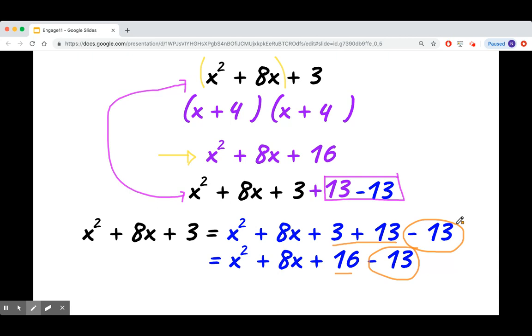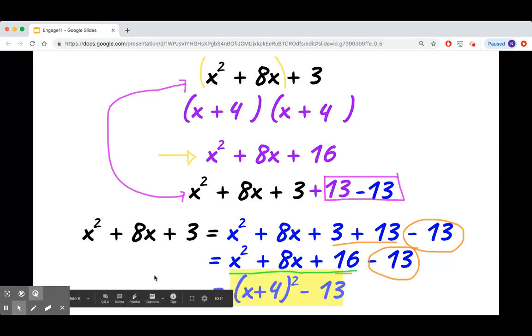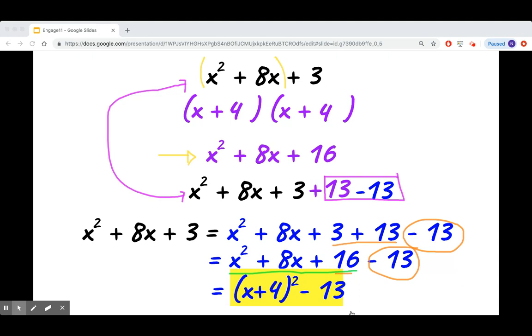At this point, I can convert a large part of the equation, x squared plus 8x plus 16, into a perfect square, x plus 4 times x plus 4. And I'm left with x plus 4 squared minus 13.